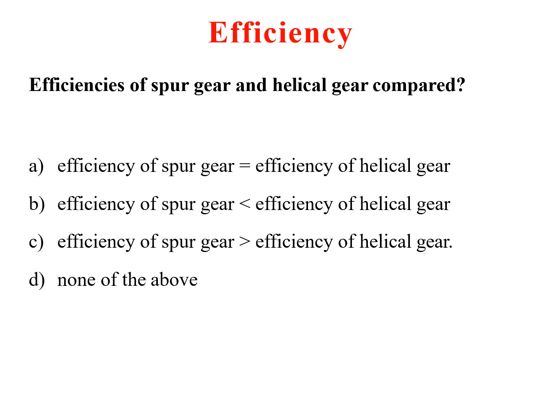Okay, so the correct answer is that the efficiency of the spur gear is greater than the efficiency of helical gear.